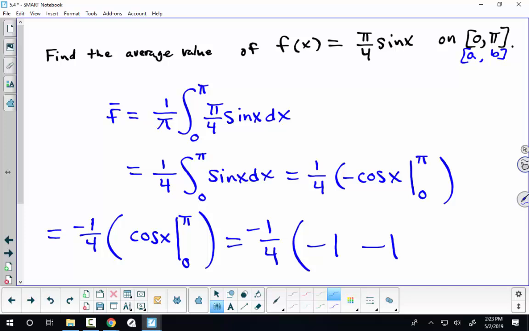So we have -1 minus 1, which is -2, times negative 1/4, which gives us positive 1/2. So if we look at that function pi over 4 sine x on the interval 0 to pi, then on average the y values are 1/2.